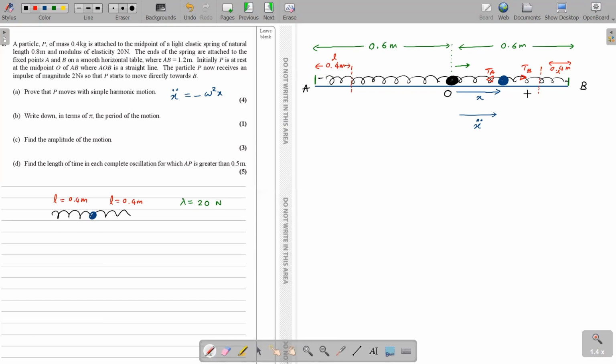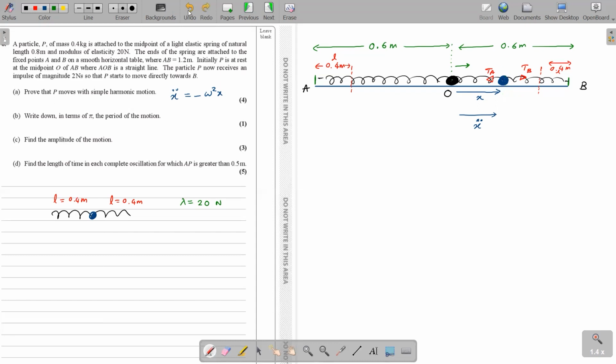What else? You have its weight and normal reaction. Since the particle is moving horizontally, will weight and normal reaction make an impact? No. Normal reaction is vertically up, weight is vertically down, but they will not make any special impact because we are considering horizontal movement. Okay.